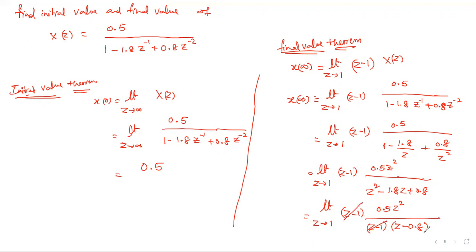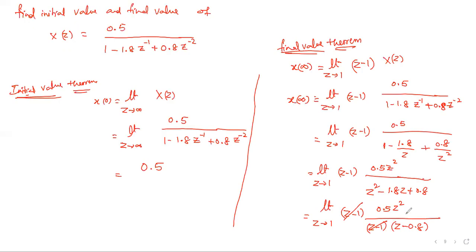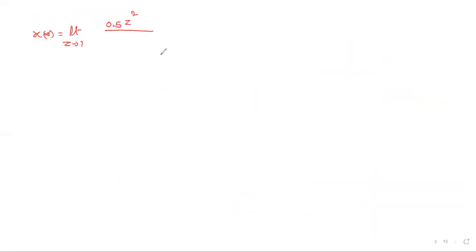What is the remaining term? x of infinity is equal to limit z tending to 1, 0.5 z square divided by z minus 0.8. Now, substitute z value 1: 0.5 divided by 1 minus 0.8, which is nothing but 0.2. You will get 5 by 2. So what is the answer for 5 by 2? 5 by 2, how much?